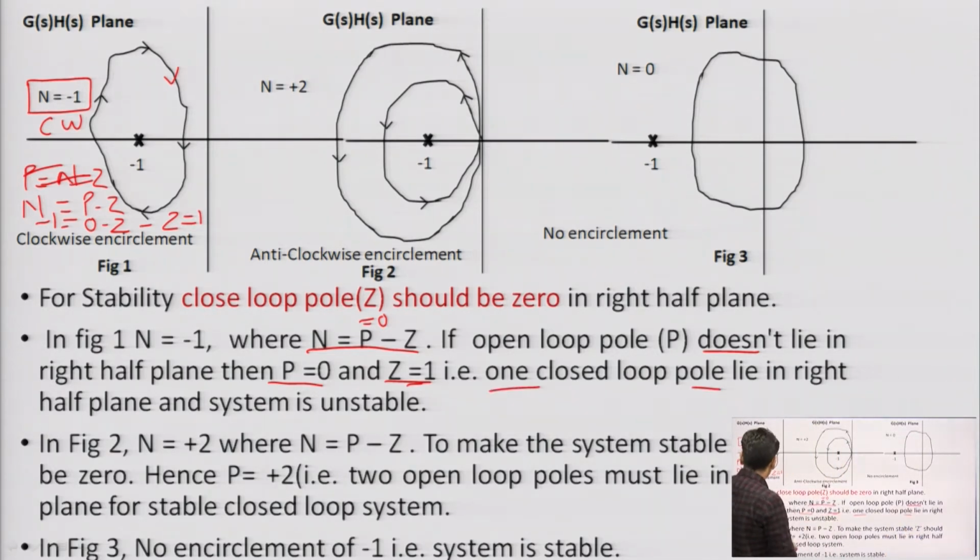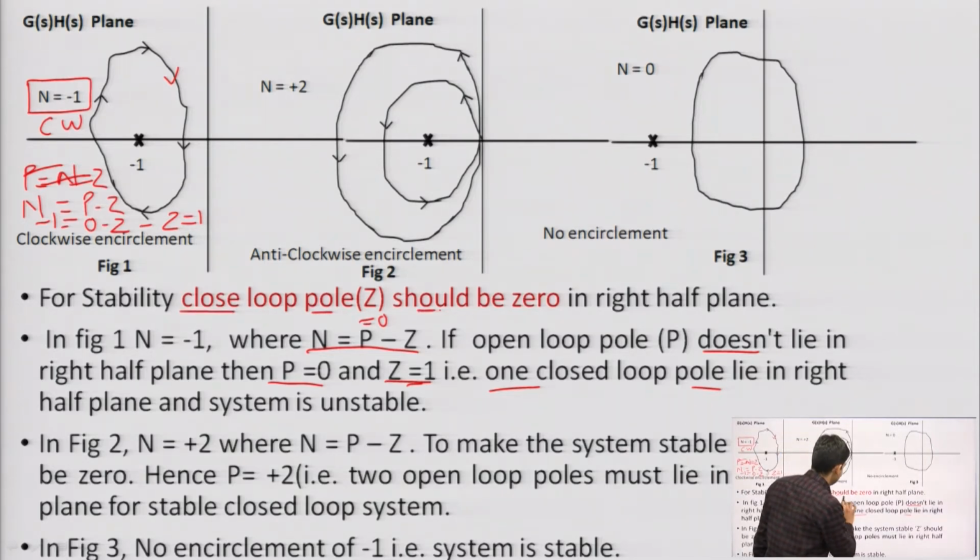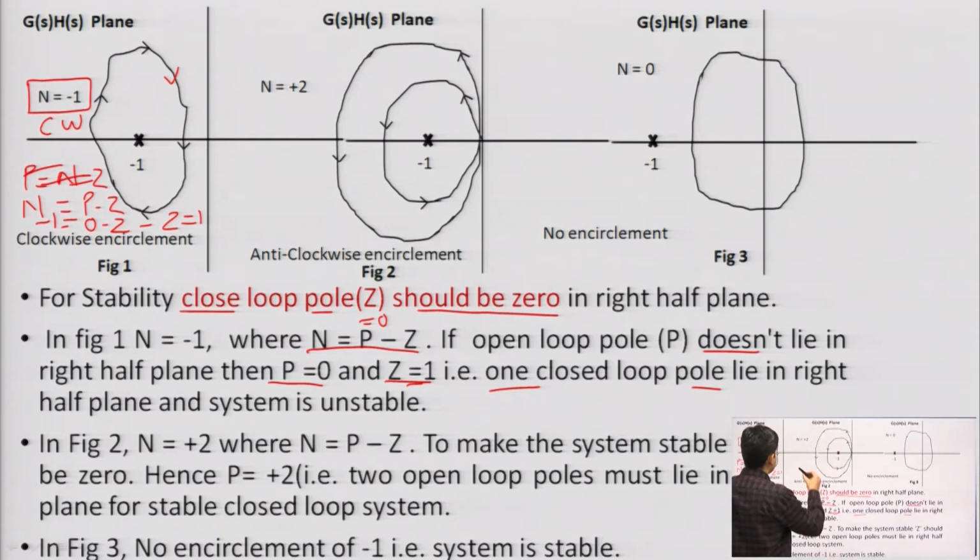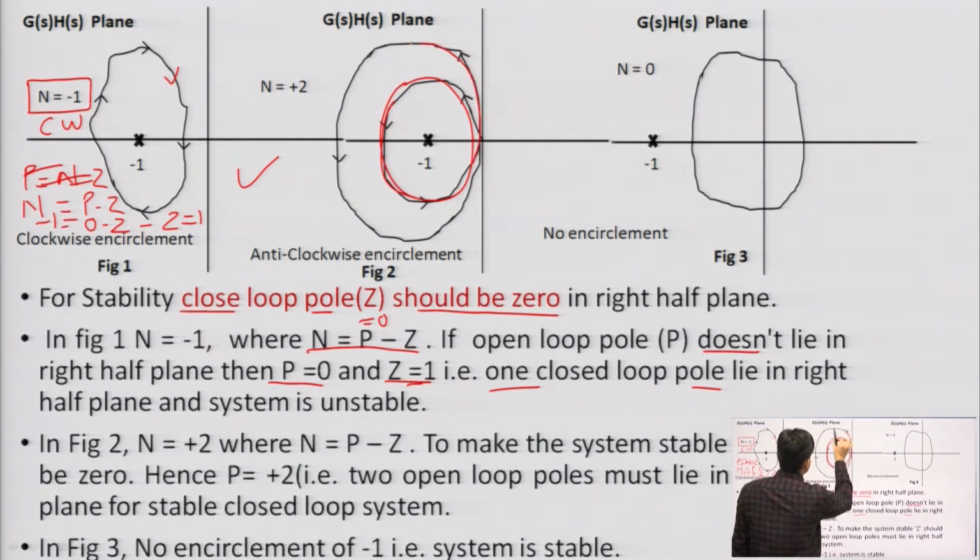So, basically we are observing closed loop pole stability, and the number of closed loop poles in the right half plane should be 0 for stability. The same way, when we go to the second curve, the point -1 is encircled anti-clockwise one time, then anti-clockwise a second time.